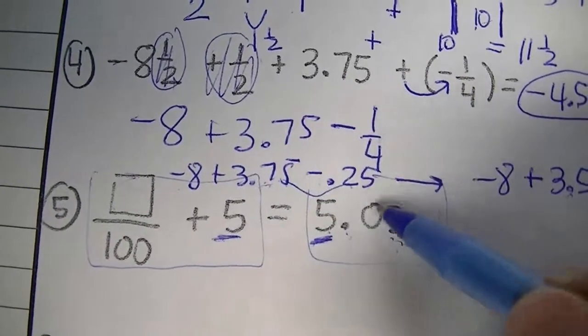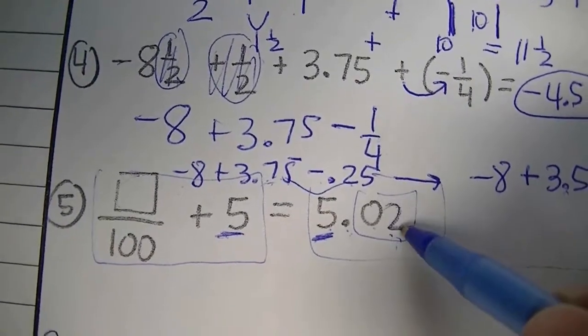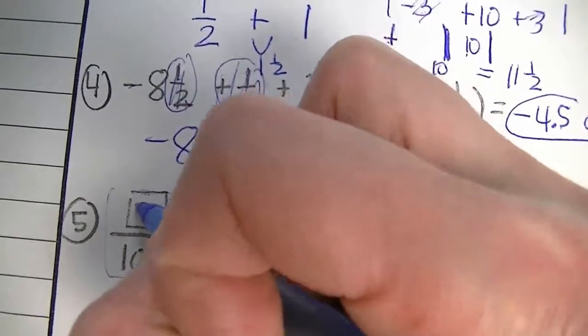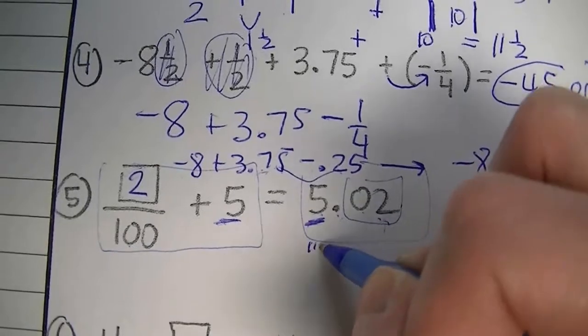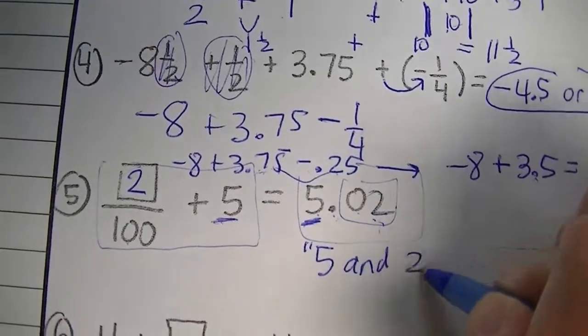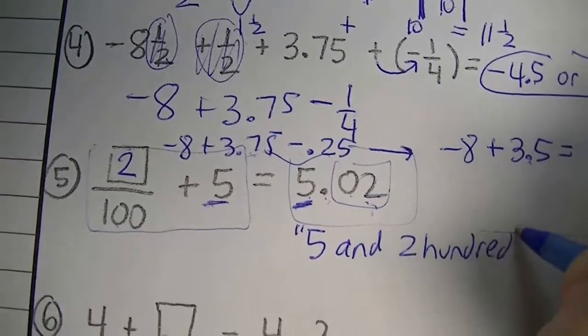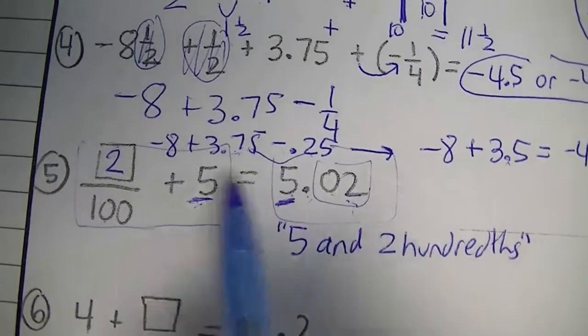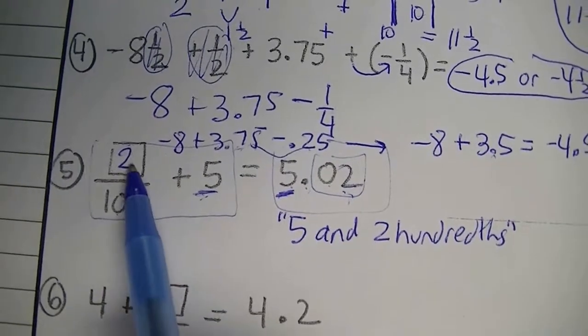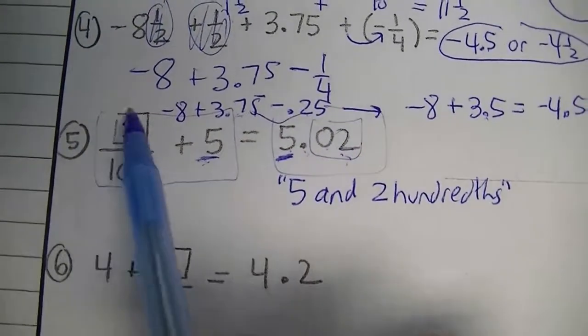So all that I need to find is this equivalent right here, 2/100ths. Hey, there's a 100ths. So this goes right there, that too. Okay? It really, really helps if you say this out loud correctly. Okay? 5 and 2/100ths. Oh, here's 5 and 2/100ths. Ta-da, now both sides are equal to each other. So that's how I know that the missing part of that equation is 2.